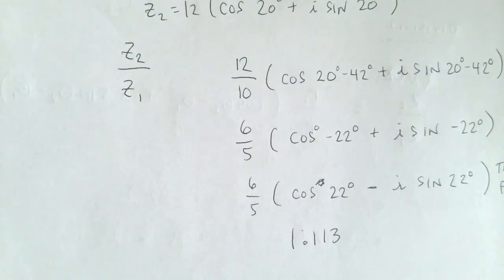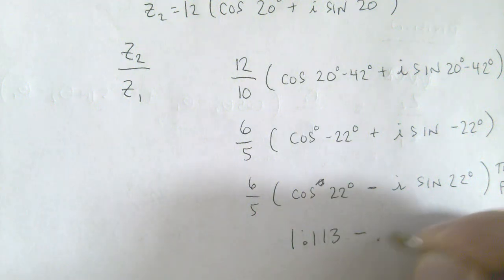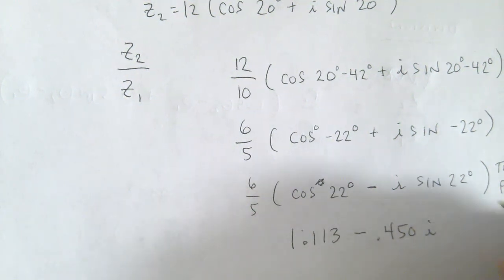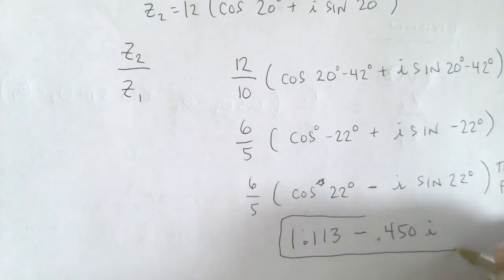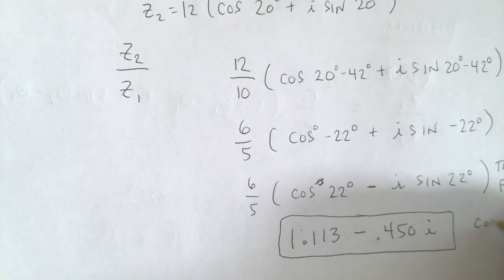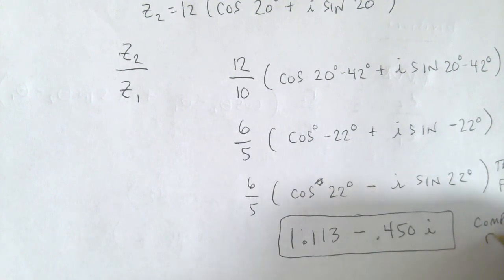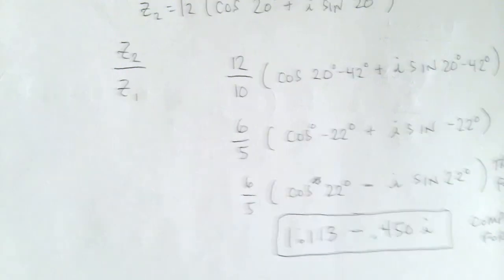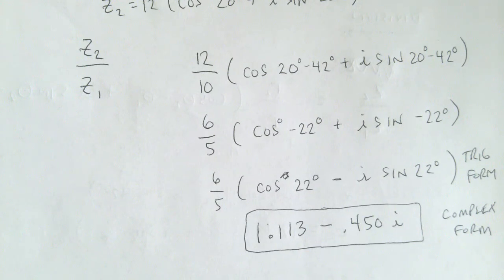And then if I take my sine of 22 degrees, sine 22 times 6/5, that's going to give me 0.450, so minus 0.450i. And that's going to be my complex form. So notice the difference there between trig form and complex form for that one.